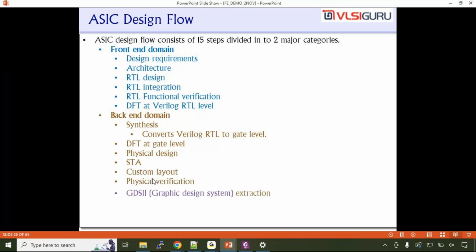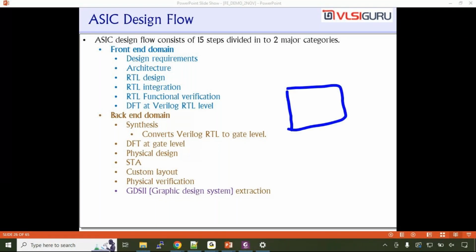Then GDS2 extraction. GDS2 stands for graphic design system. What is graphic design system? See, if you take a chip, this is how you imagine a chip to look, right? Actually, it's not how the chip is. It is a three-dimensional structure.